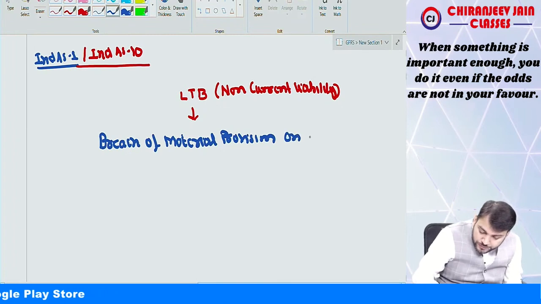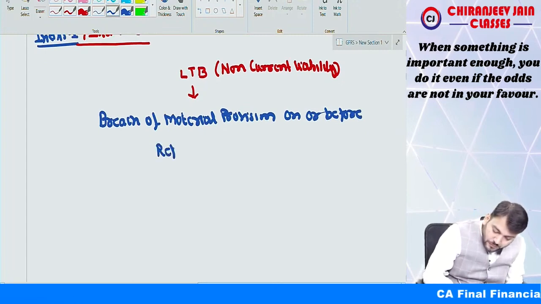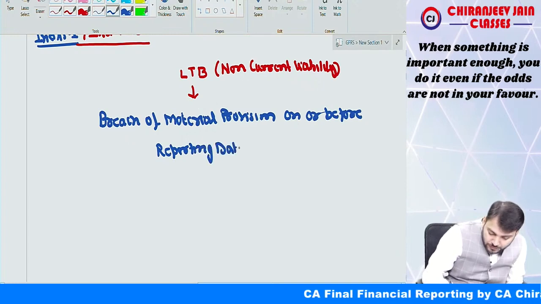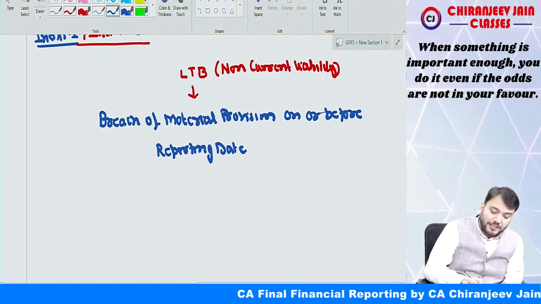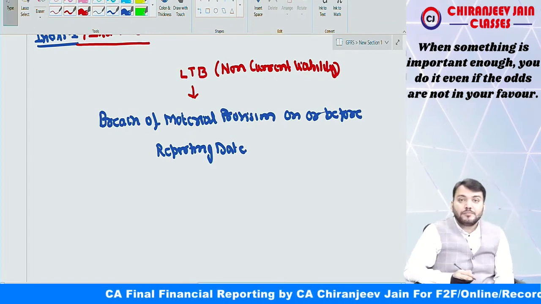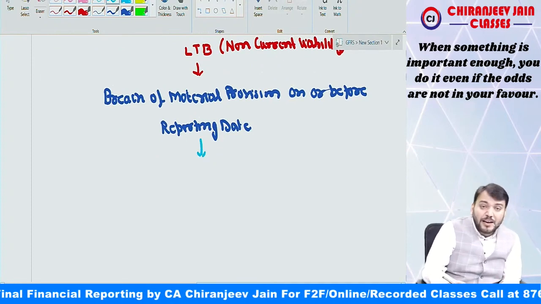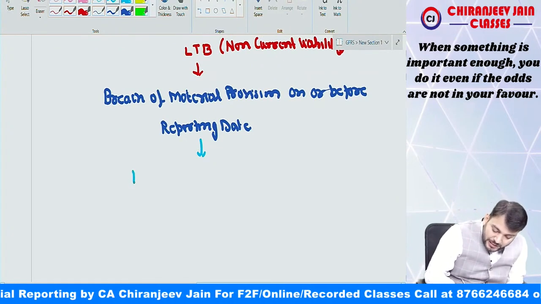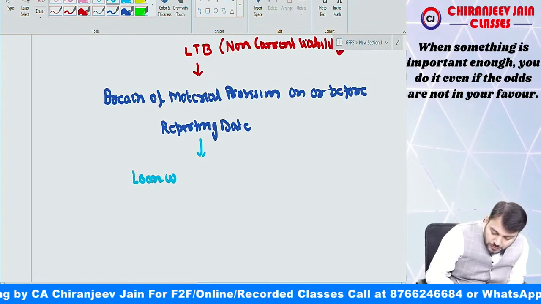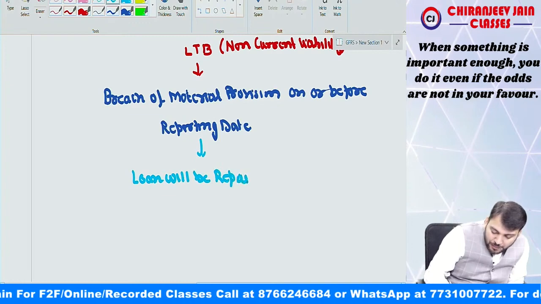On or before the reporting date. Correct. Understood. So what is the effect of this breach? The loan will become repayable on demand.